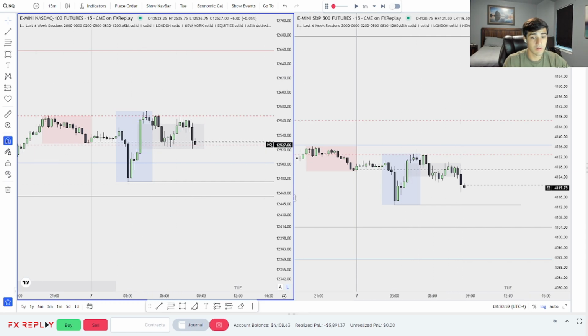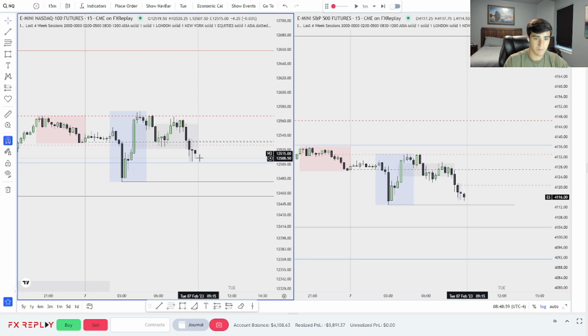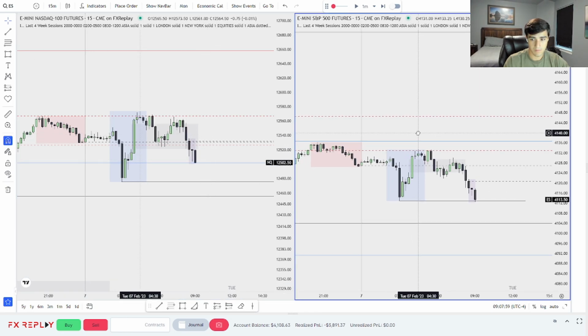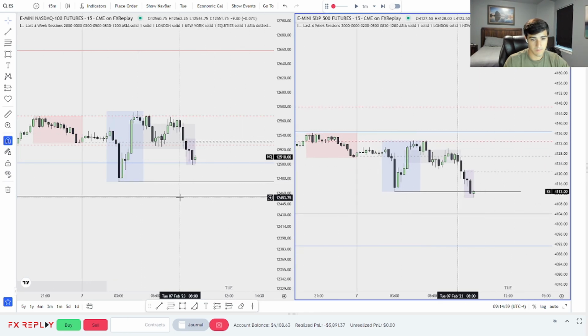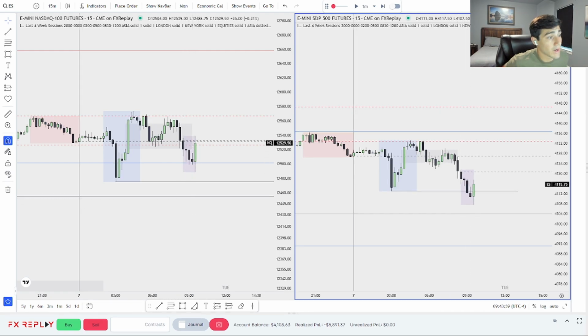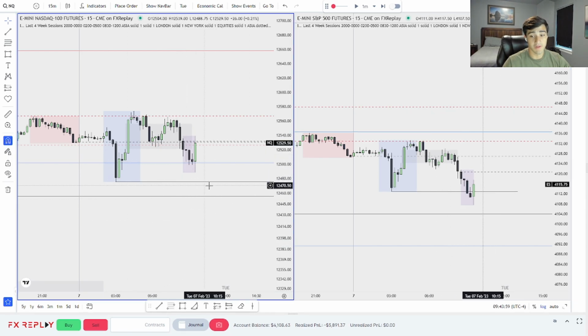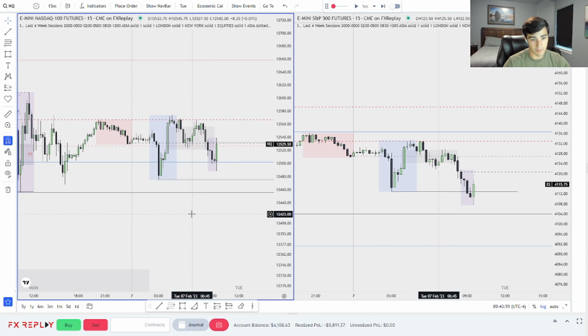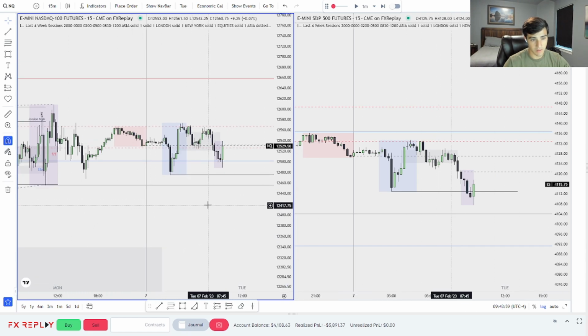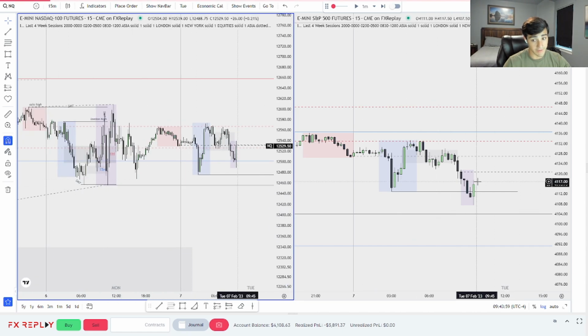Powell event at 12:40. Okay. Clear accumulation before the Powell event. On the Powell event, I want to see manipulation of yesterday's low.